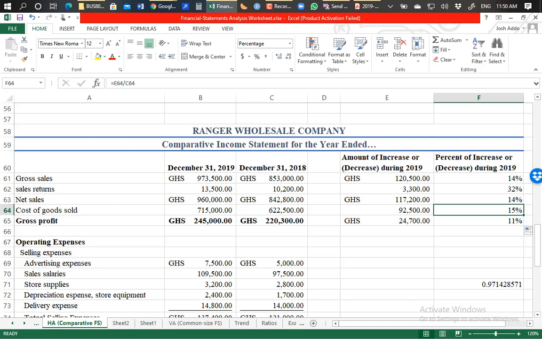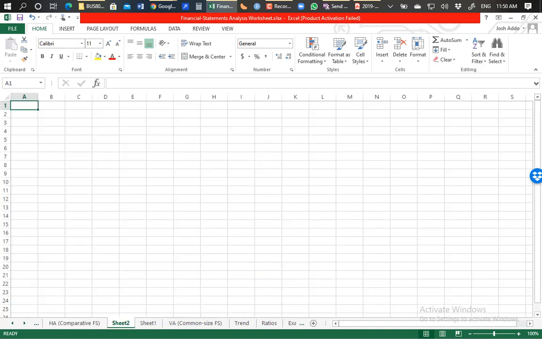Yes, sir. Can you go over this one, the percentage change? Yes. Okay. The way we calculate percentage change is this. Let me write it boldly here.